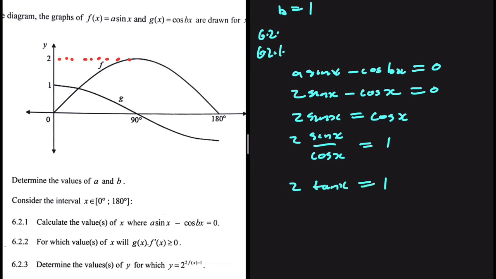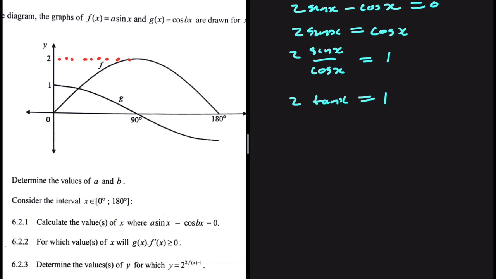You can see here that we're going somewhere. Tan of x will be equal to 1 divided by 2. So we can say that x is equal to tan inverse of 1 divided by 2. The value of x is 26.57. And just like that, we've answered 6.2.1. Just a bit of algebraic manipulation.